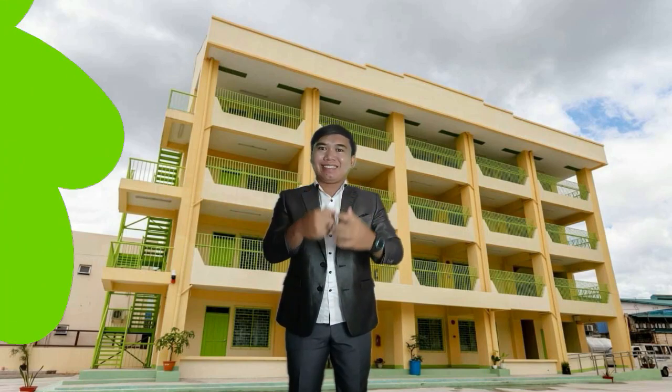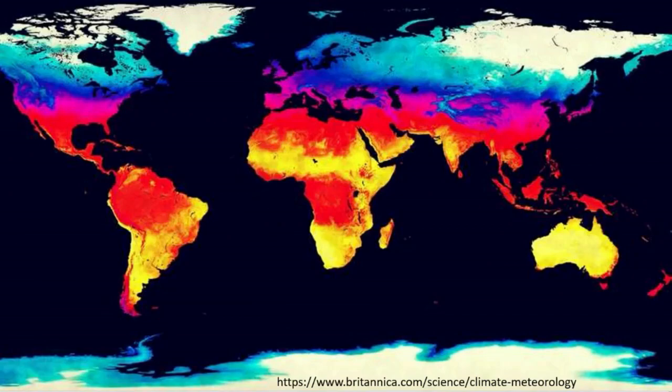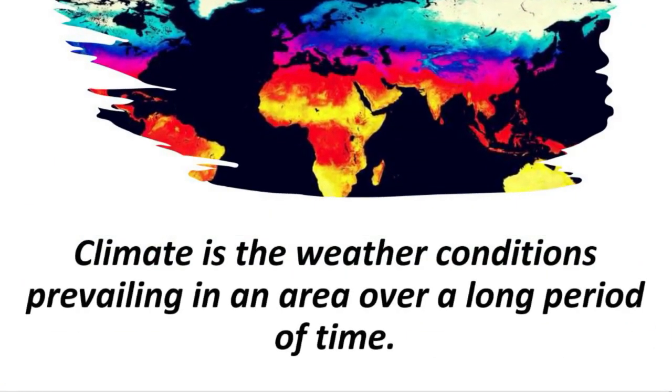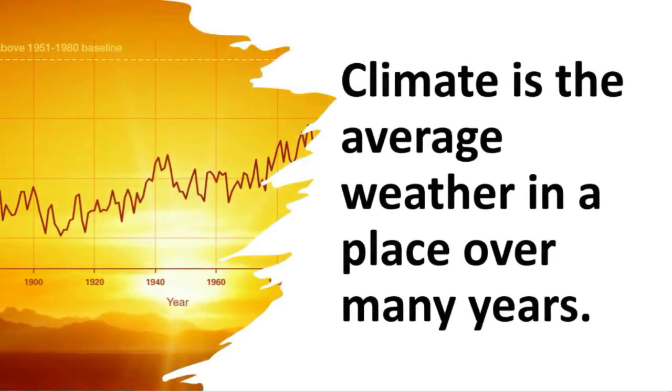When we say climate, climate is the weather conditions prevailing in an area over a long period of time. Another is, climate is the average weather in a place over many years.